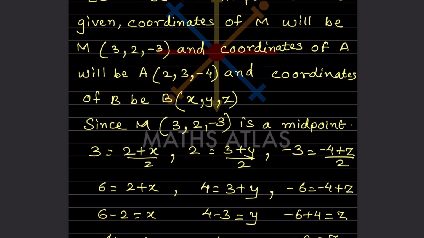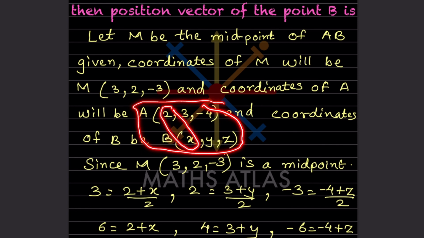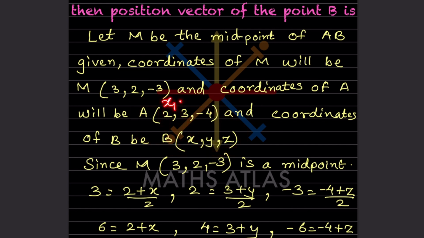Now since M, which is given as 3, 2 and minus 3, is the midpoint, concentrate on A and B. How will you write this? 2 plus x divided by 2, because whenever we take the midpoint, we take x1 plus x2 divided by 2. So this is x1, y1 and z1, then this is x2, y2 and z2.